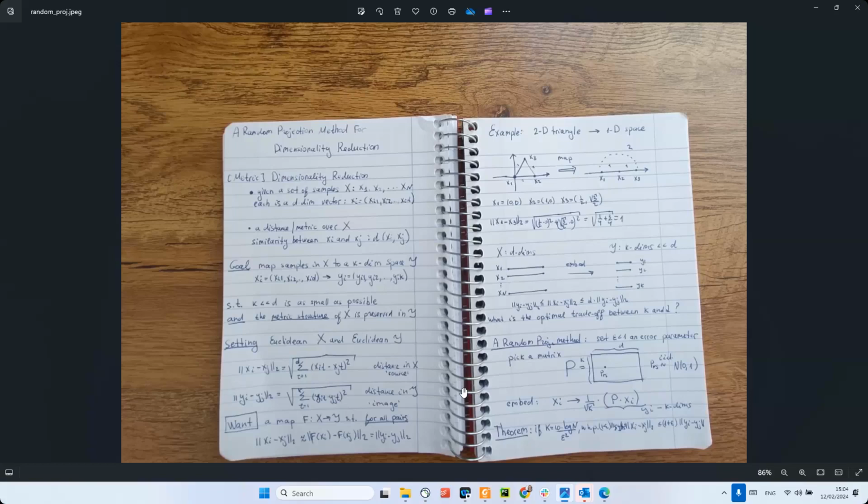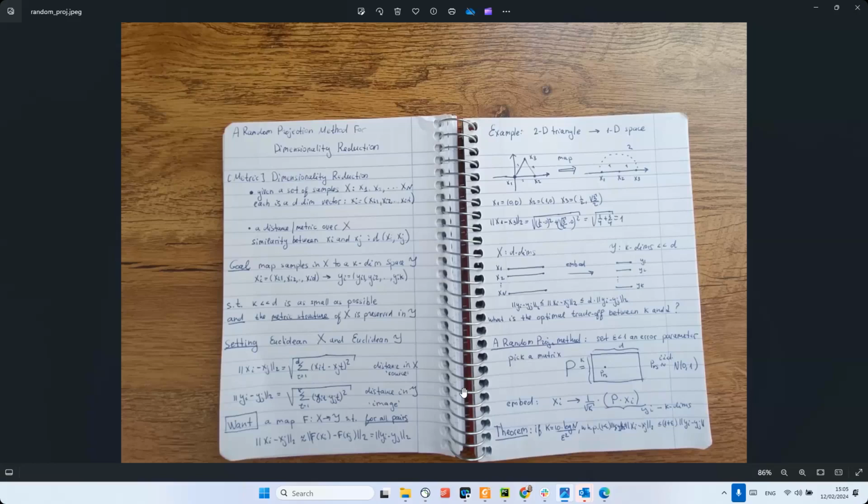Since we're talking about metric dimensionality reduction, we have a distance function or metric defined over the points of X. It means that we measure the similarity between any two points in X by some metric, d(xi, xj). There are many possibilities for a metric. We have talked about it before; I think Eitan presented several possible metrics.